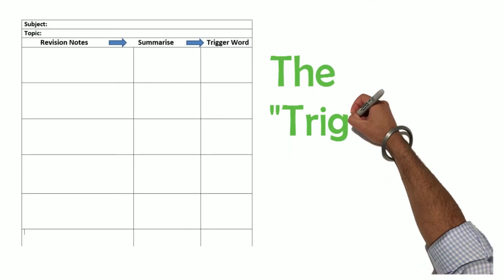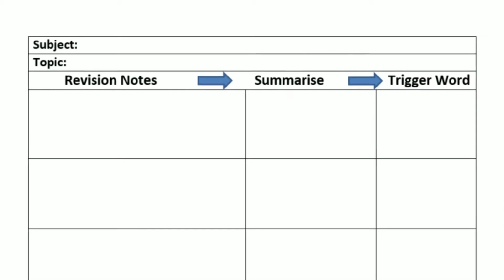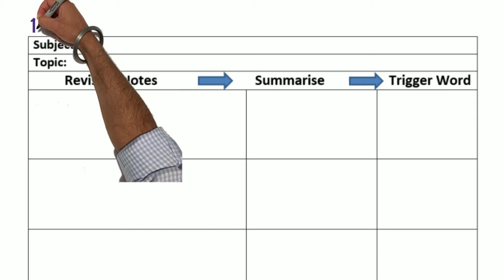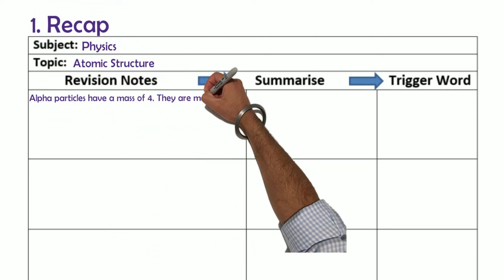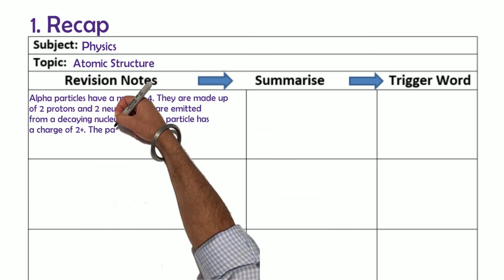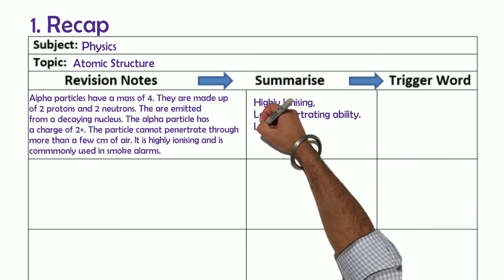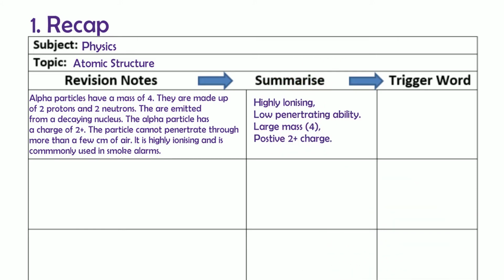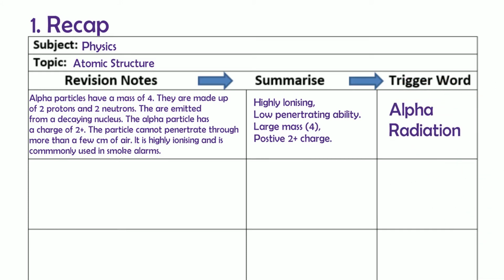So the first stage, recapping your knowledge with the trigger worksheet. The trigger worksheet is all about condensing your notes from your textbook, from your revision guide, from your exercise book, and summarizing, condensing these notes down into a single trigger word, such as this one here, which is the alpha particle or the alpha radiation.